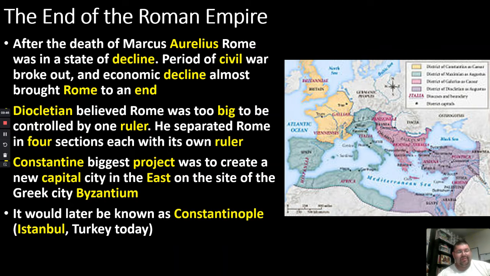Now, the other thing was Constantine wanted to make a new capital out in the east, in the Byzantine area. And he wanted this place to be the hub, the trading hub of the world.